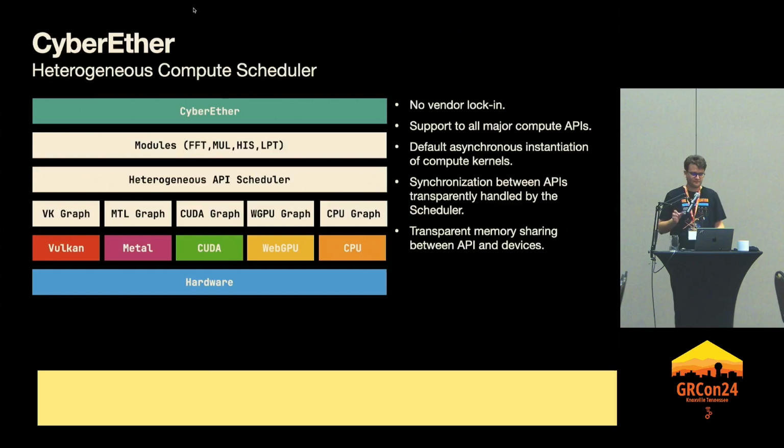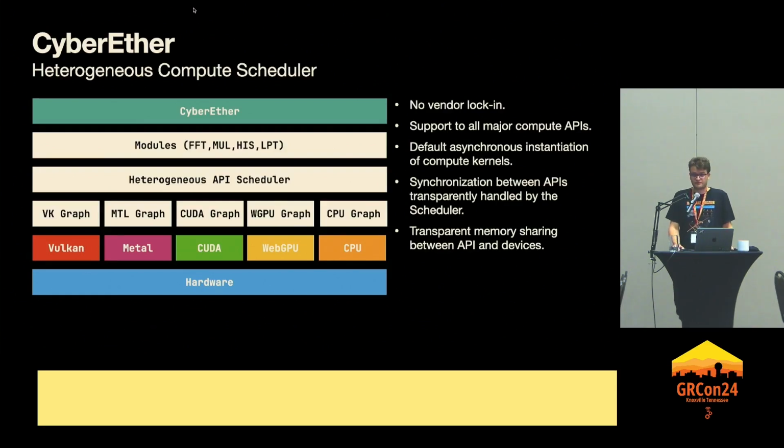So CyberEther, when you're using modules, will compile that and abstract that away from you, so you can mix and match multiple types of blocks. You can put CPU, CPU, GPU, CPU, and all the synchronization dispatch will be handled transparently by the scheduler.